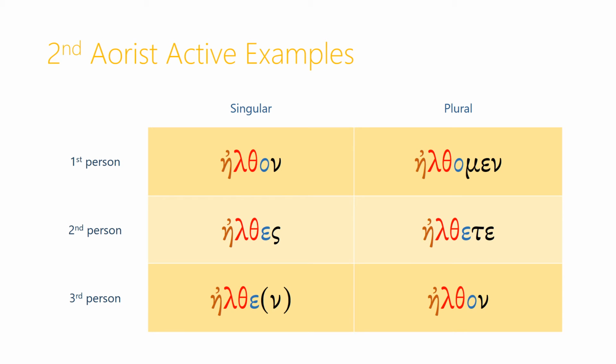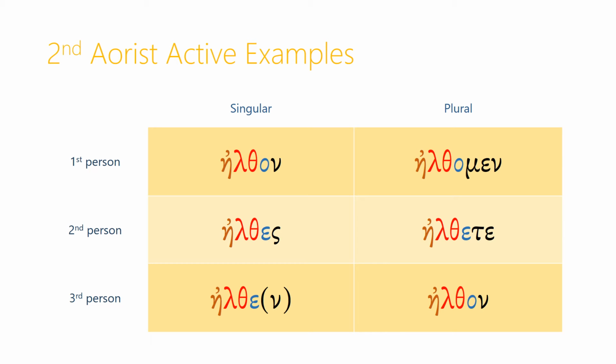When we add on the augment and stem, then we find that the stem, instead of erch, the present stem, changes to this elth stem. There's no way of figuring out what the second aorist stem will be.